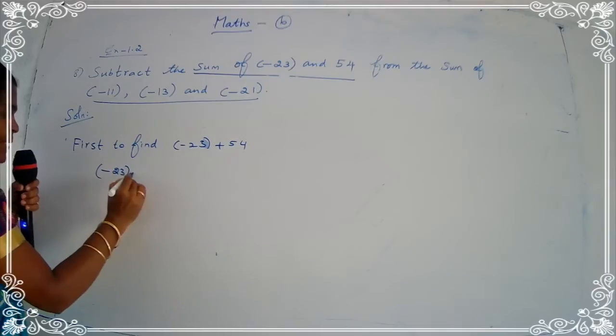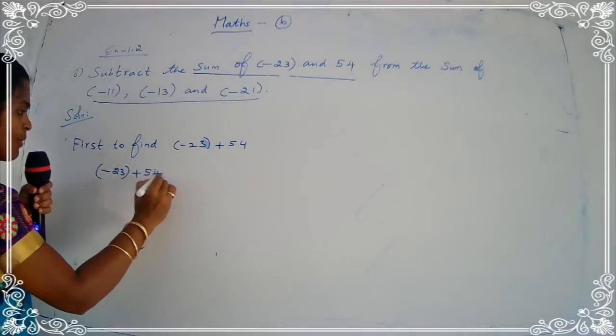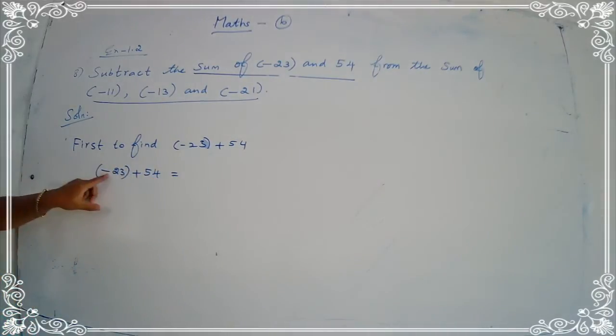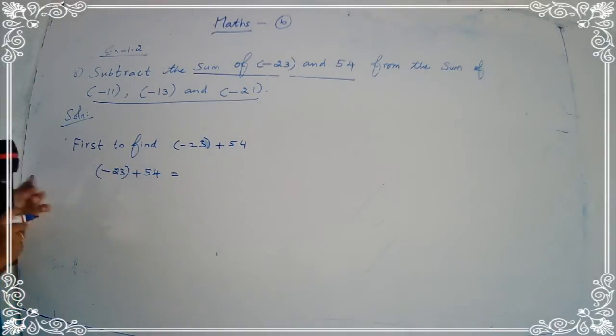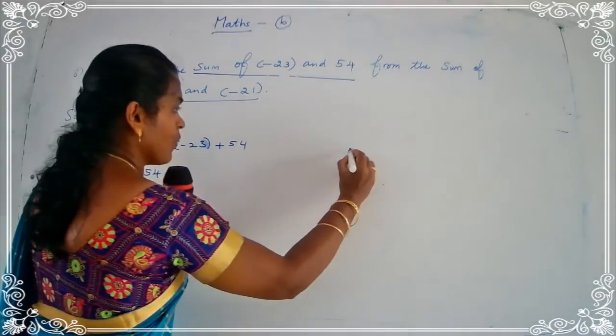So now you find the value. Minus 23 plus 54 is equal to, say the answer. Here one integer has a negative sign and another has a positive sign, so the integers have opposite signs. So we find the difference. 54 minus 23.